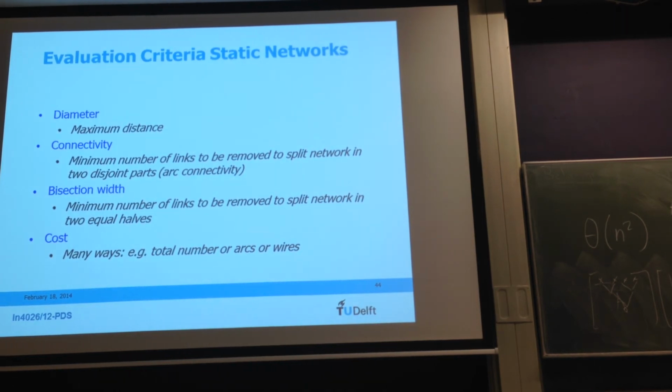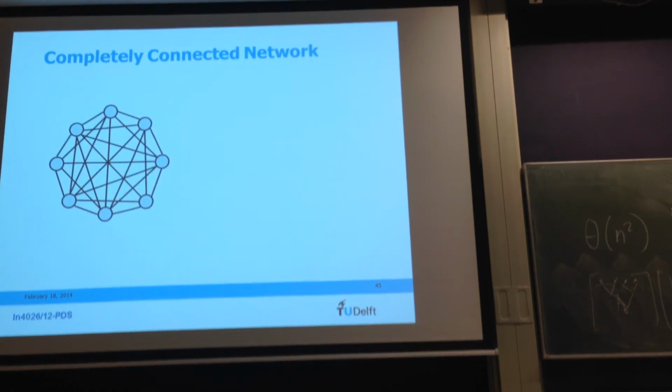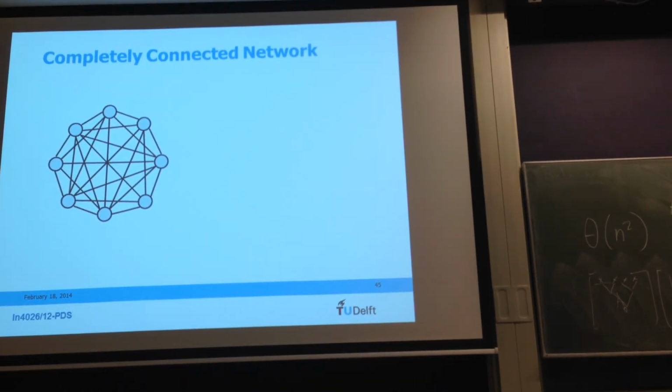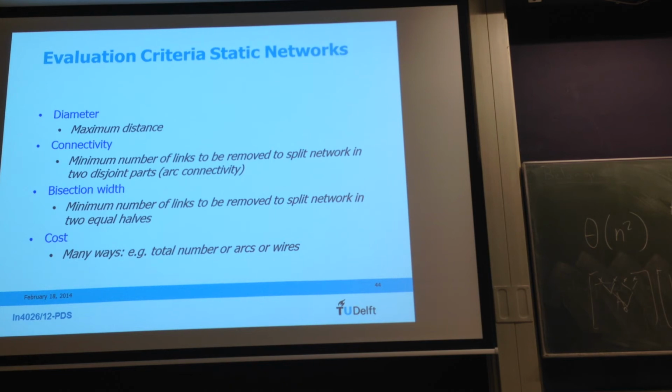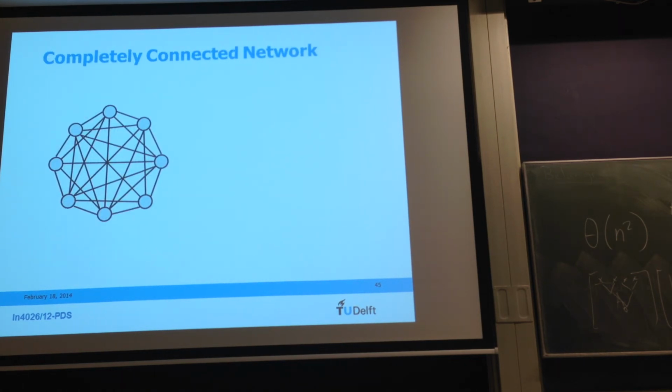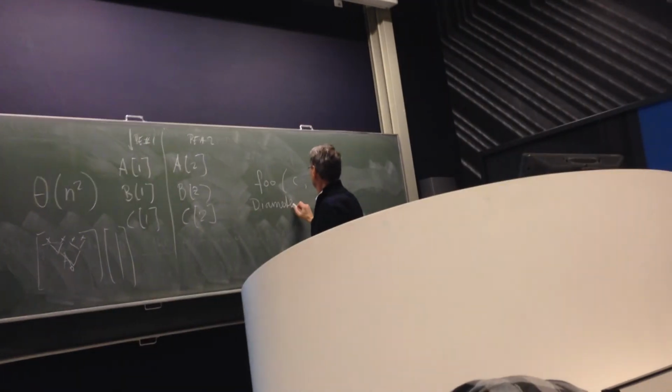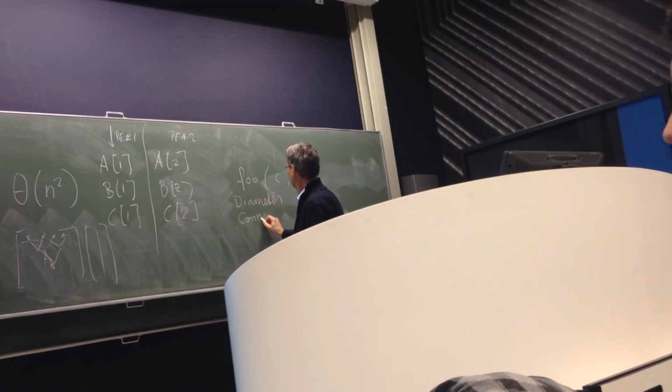Now let's do one example to give you a flavor. So we had diameter, we had connectivity, we had bisection, and we had cost.